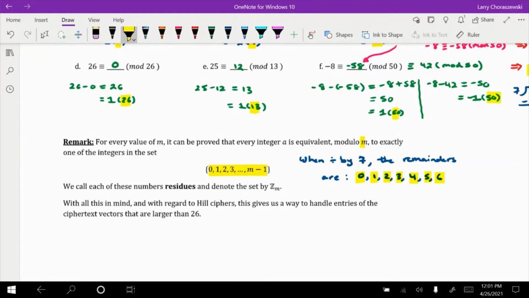And these are called residues. And there's a special notation that we assign to the set of residues. It's the symbol Z sub m, for integers, so that would represent the set of integers modulo m. In our particular situation, if we form these remainders as a set, this would be equal to Z mod 7. Okay, because those are all the remainders that we can get when dividing by 7.